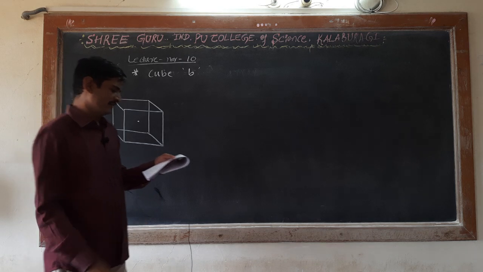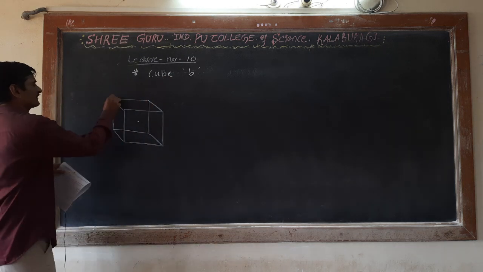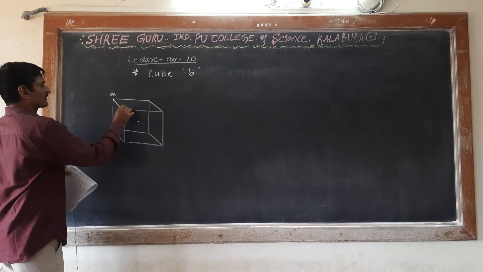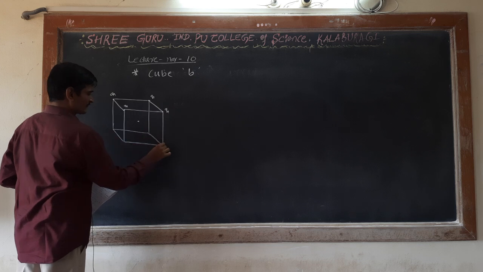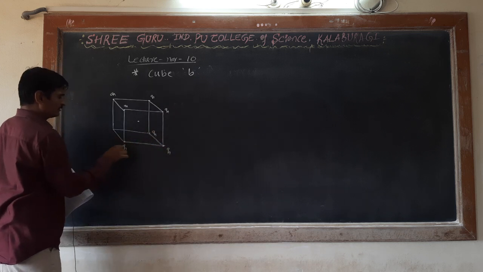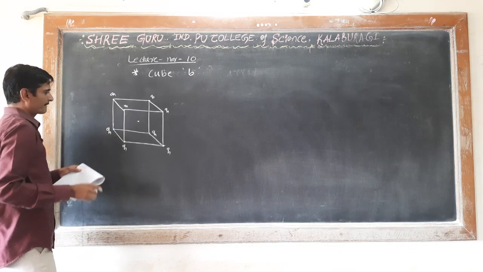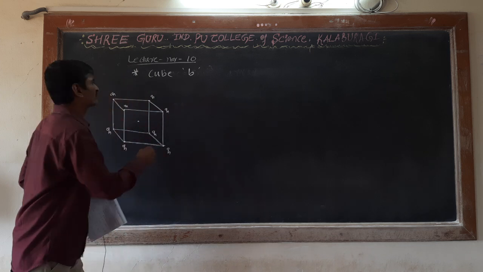A cube of side b has a charge q at each of its vertices. So a charge q is placed at each of its vertices.